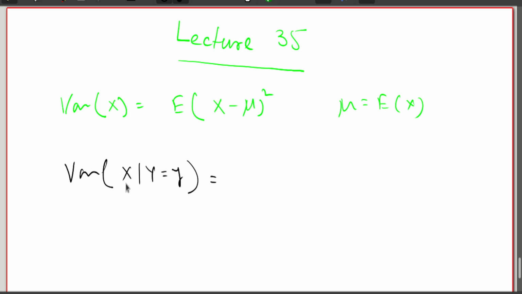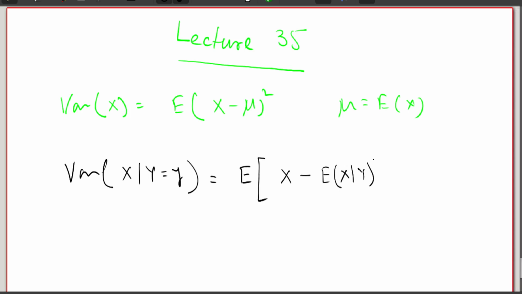Because it is the variance with respect to the conditional distribution, the mean will be the conditional one. So it is nothing but expectation of (X minus expectation of X given Y) whole square, given Y equals y.